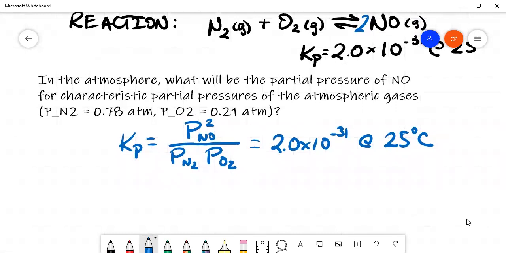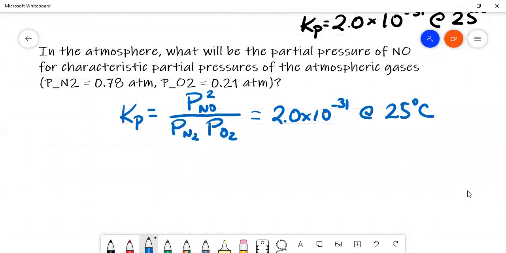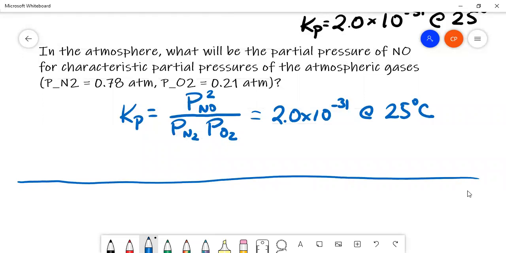Okay, let me start building my ice table. You should recognize the theme by now. Note that this time we're building the ice table, not for concentrations, but for pressures.